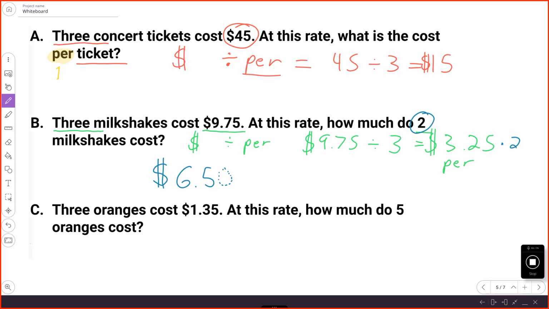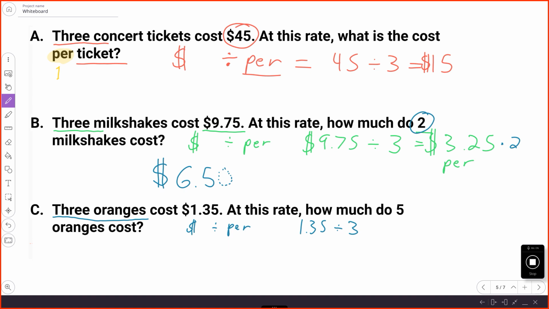What is the per in this case? 3 oranges. 3 is the per, because it's 3 oranges per $1.35. We want to know how much it is for 1 orange, so it is the price divided by the per, which is $1.35 divided by 3.